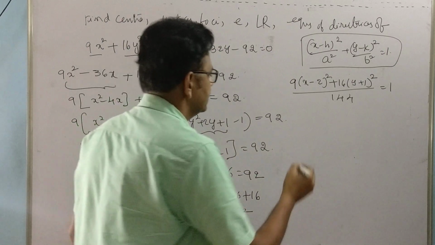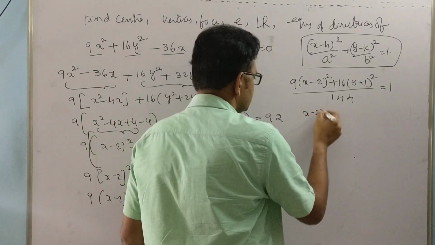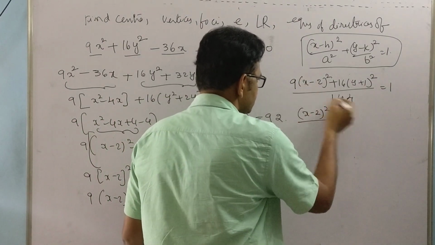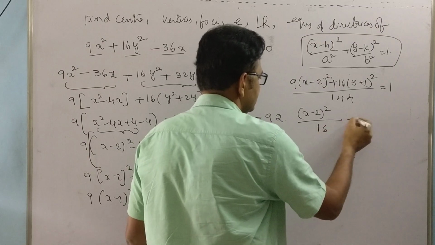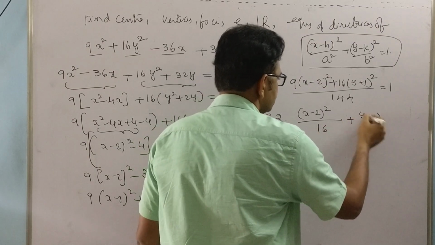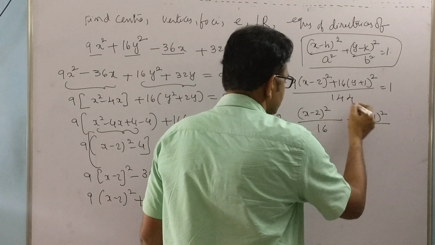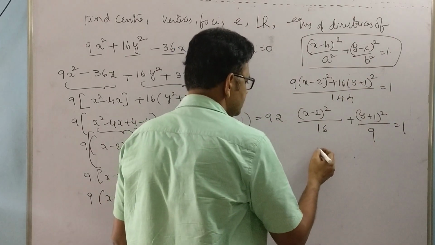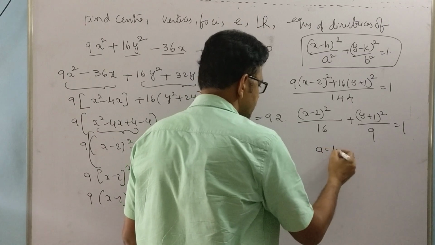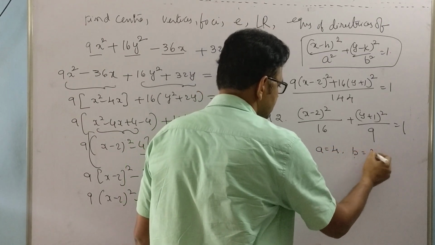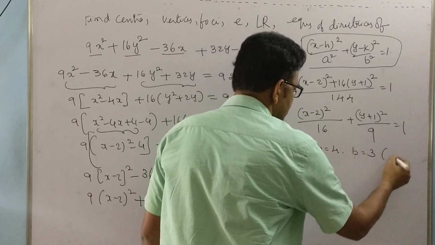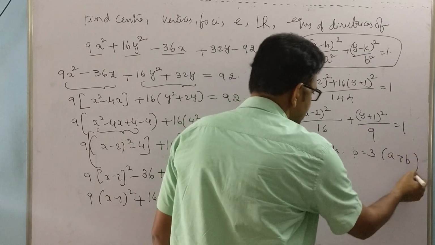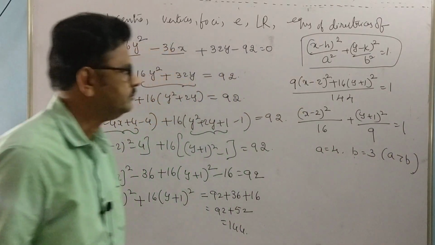Now this is (x - 2)² / 16 + (y + 1)² / 9 = 1. Here a is 4 and b is 3, so a² and b². Just like the previous sum, a is greater than b.